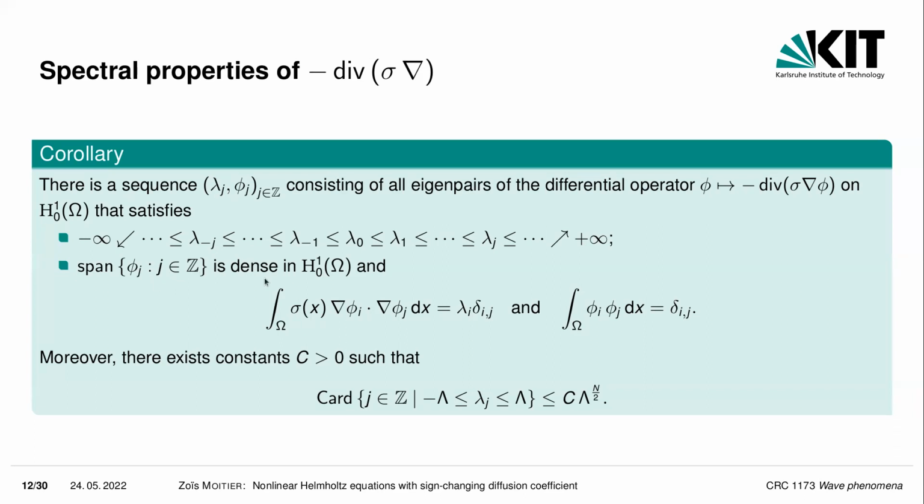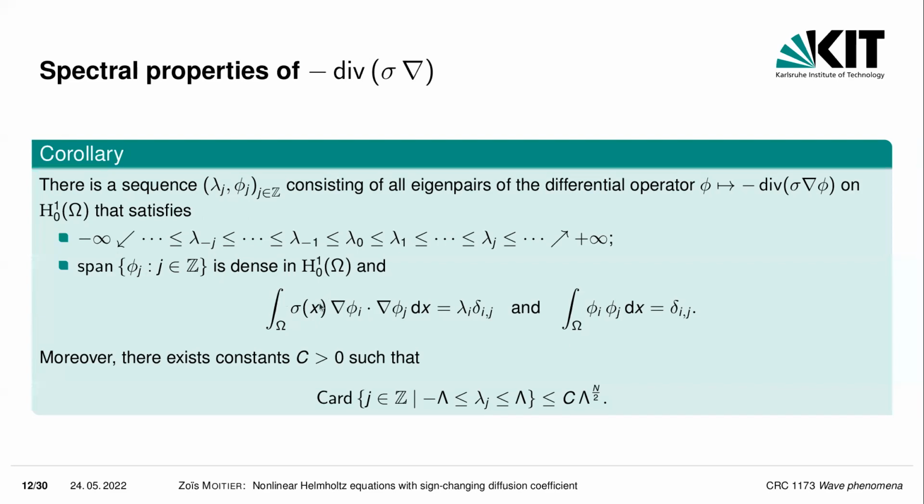And in H1, I just know that they are dense in H1. And they satisfy this Kronecker delta, basically. So this is just saying that this is orthogonal in L2.